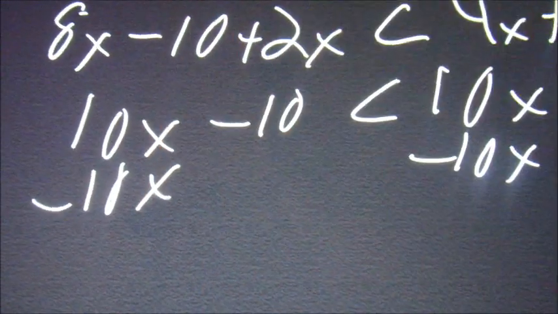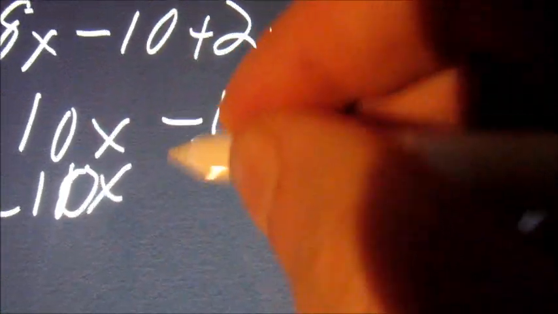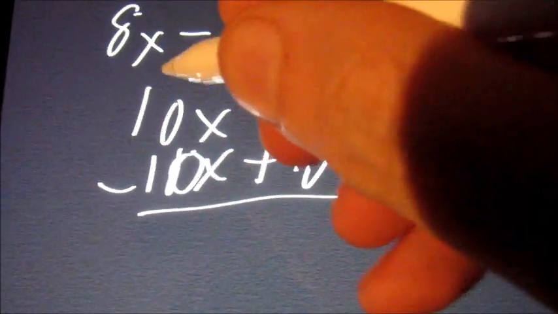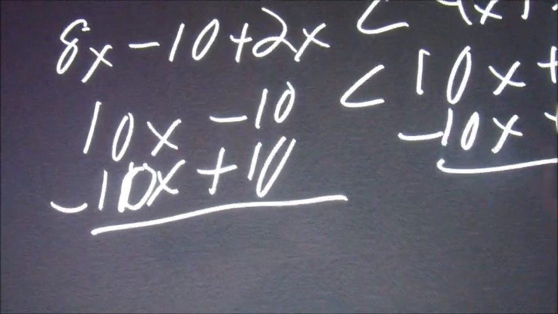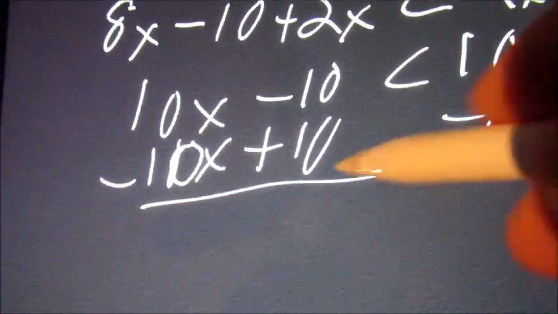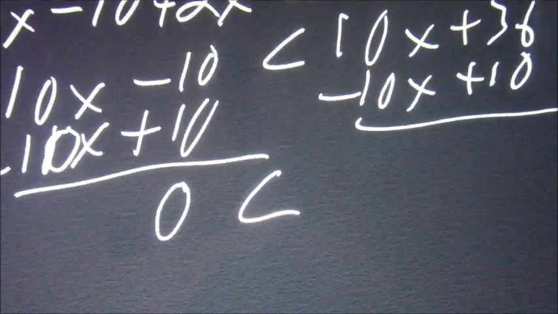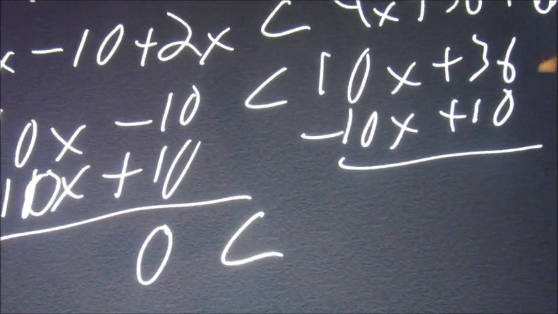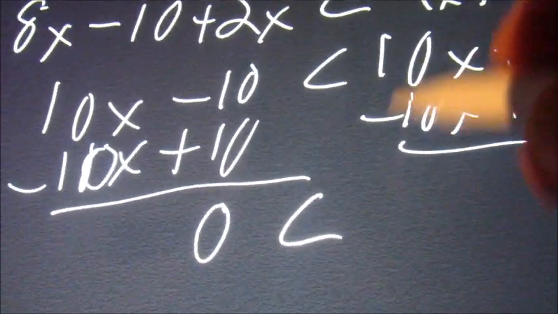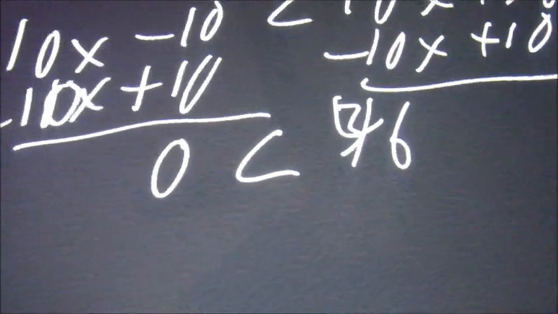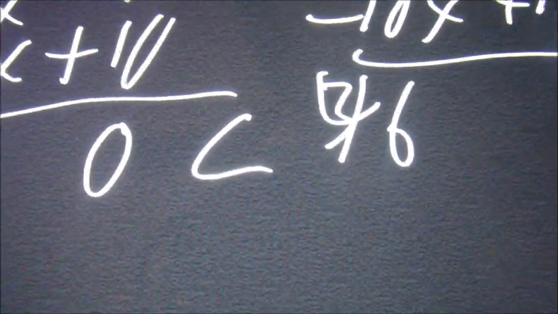So minus 10x minus 10x, plus 10 plus 10. We get 10x minus 10x is 0. Minus 10 plus 10 is 0. And we still have the less than. 10x minus 10x is 0. 36 plus 10 is 46. So 0 is less than 46.